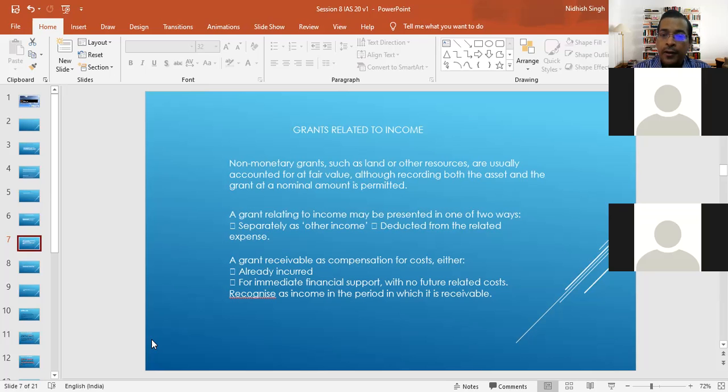And how do we reflect that? Either you can have other income in the revenue section on top of the revenue. When all the incomes are added, you can just have other income, maybe in brackets you can say government grant, because it is important to categorize separately. And the other way, you can deduct it from the related expenses.